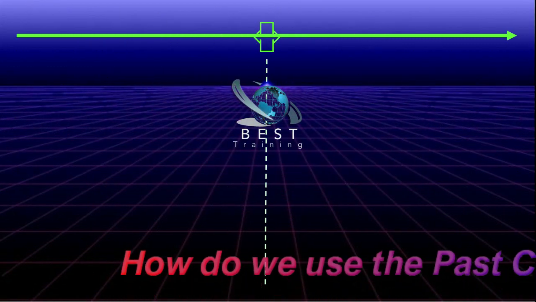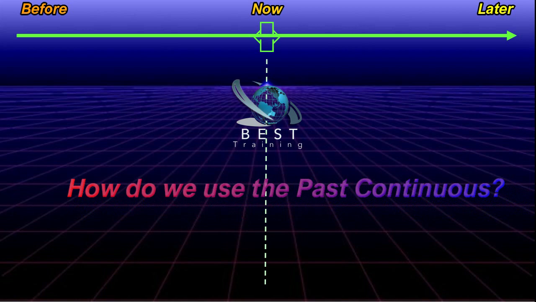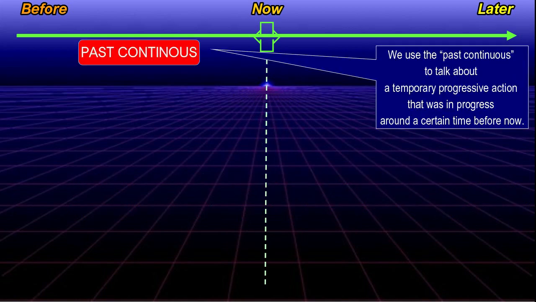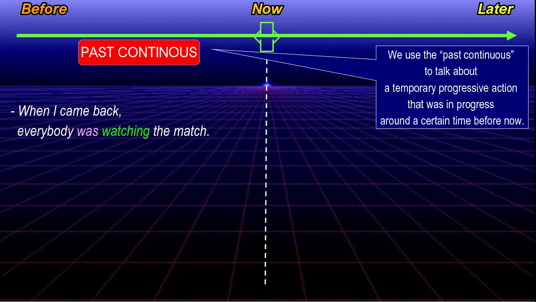How do we use the past continuous? We use the past continuous to talk about a temporary progressive action that was in progress around a certain time before now. When I came back, everybody was watching the match.